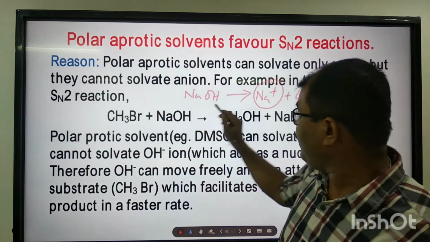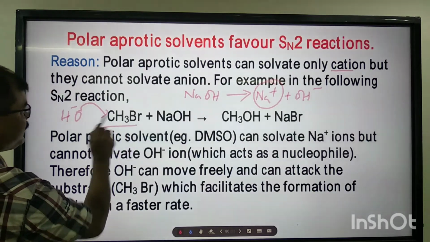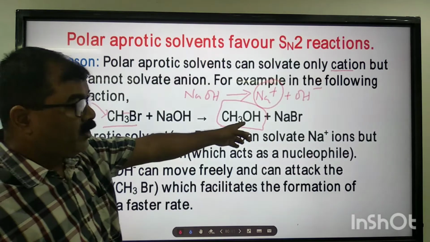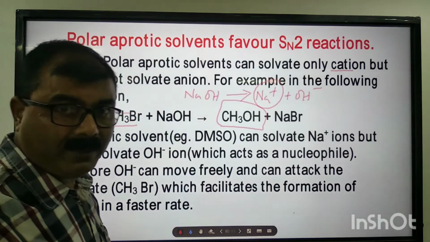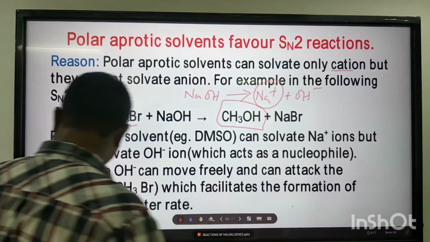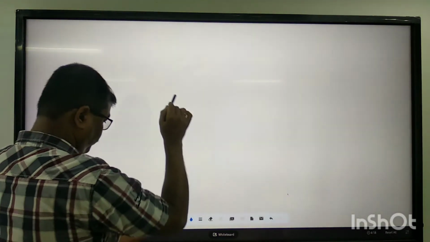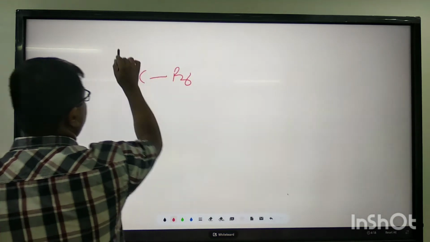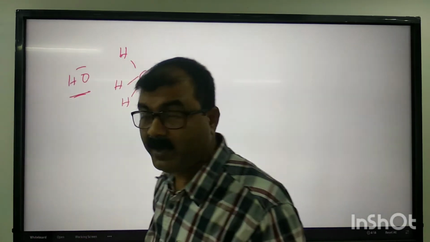Exactly what happens is that these OH minus ions will attack the substrate, then only we will get the product, and the leaving group leaves. Could you follow what I am telling? Yes? Just now, let me show you. See, this is the nucleophile OH minus ion.